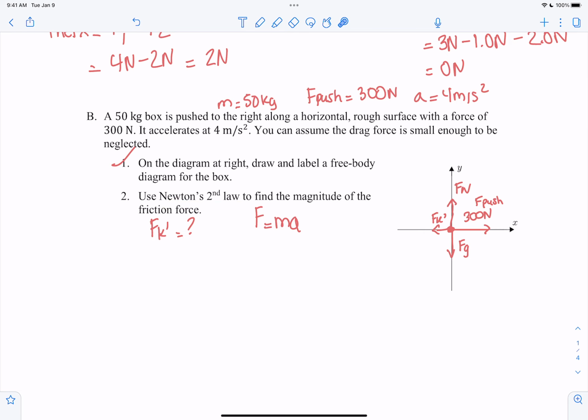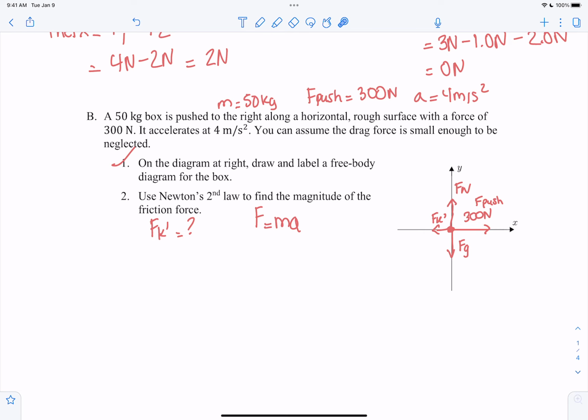And so if we're wanting to find the magnitude of the friction force, do you think we're going to be concerned with forces acting in the y direction? No, right? Because Fk is firmly in the x direction, specifically the negative x direction. And there's this push force, 300 newtons, acting in the positive x direction.